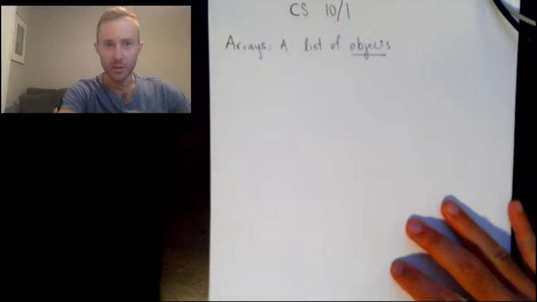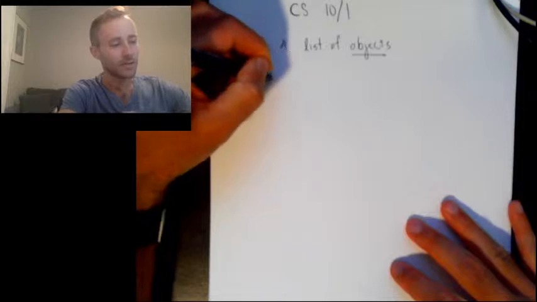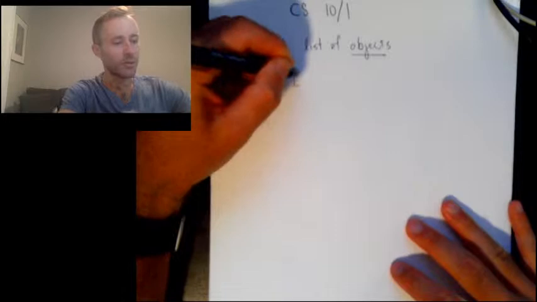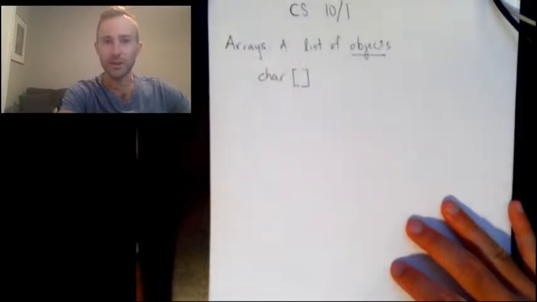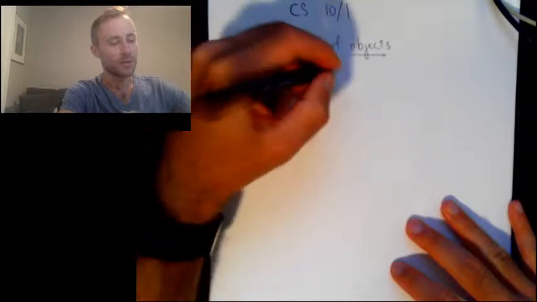So maybe you want to declare an array of characters. So I would say char, and then I put square brackets after that. That's what indicates the array. And then I give it a name.